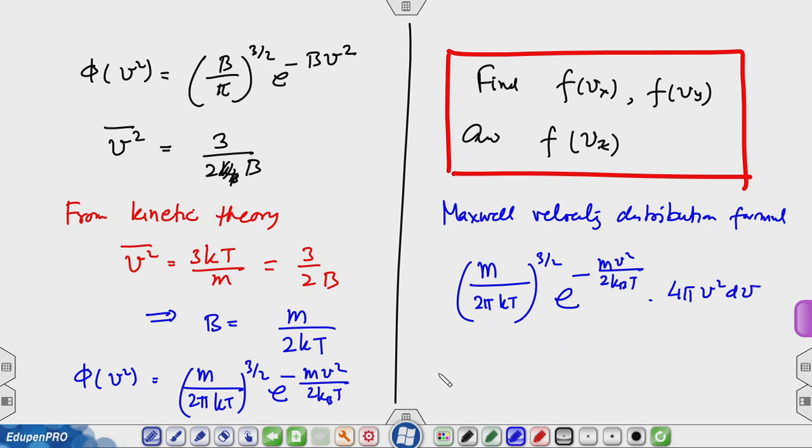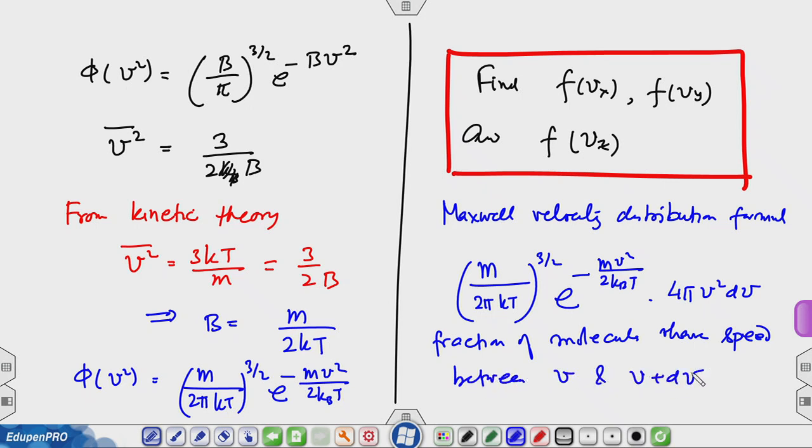This is the fraction of molecules that have speed between v and v plus dv in 3D.